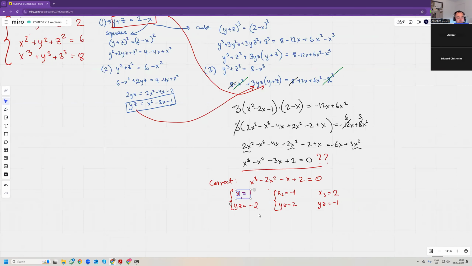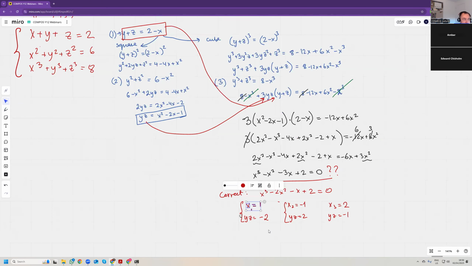Because you know that yz is minus 2, and from the first equation, you get that x plus y plus z is 2, and that means y plus z is 2 minus x, so that's 1.